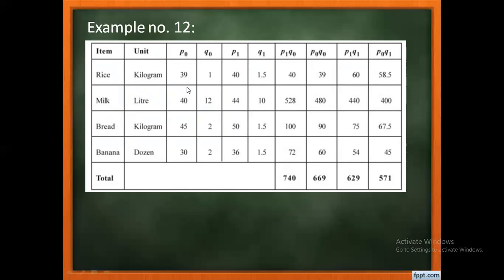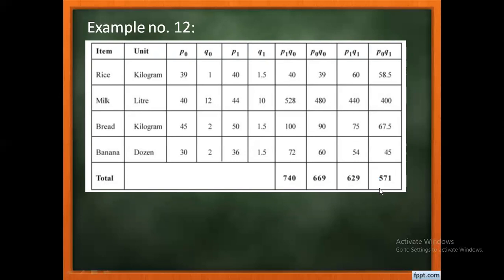P0 into Q1. 39 into 1.5, 58.5. 40 into 10, 400. 45 into 1.5, 67.5. And 30 into 1.5, 45, right? And the sum of each of these columns is called sigma P1Q0, sigma P0Q0, sigma P1Q1, and sigma P0Q1.